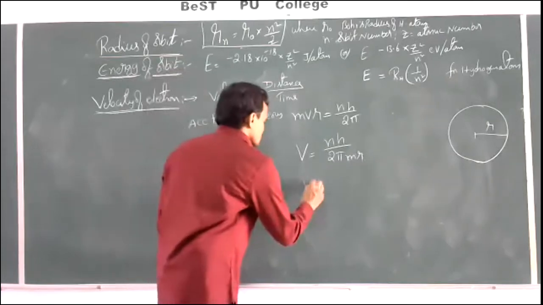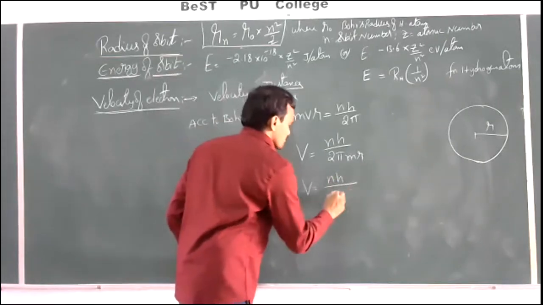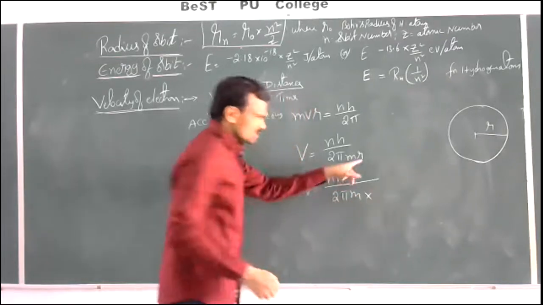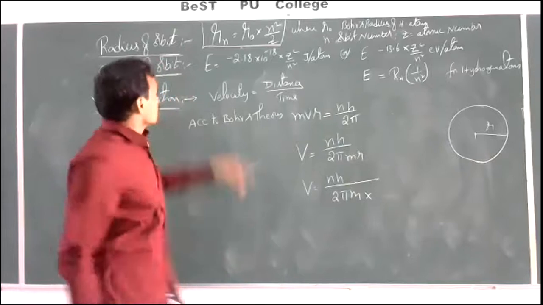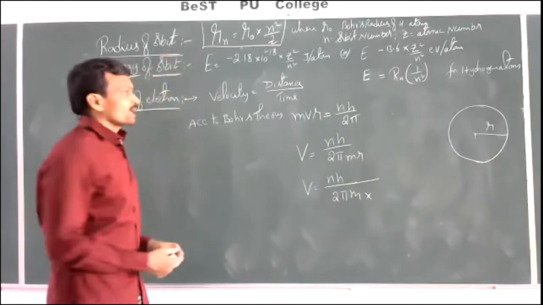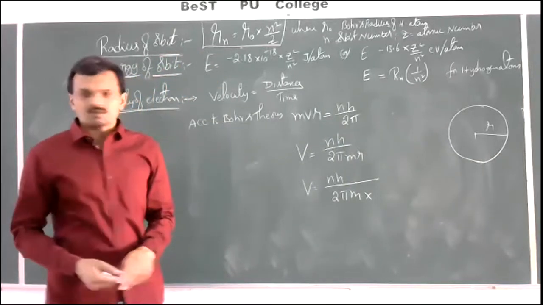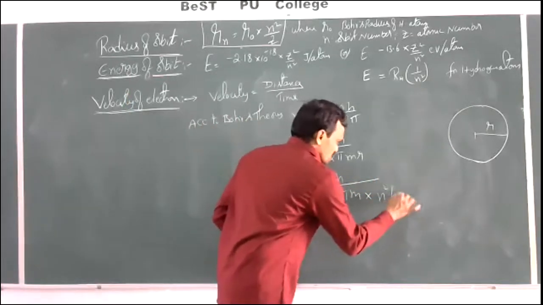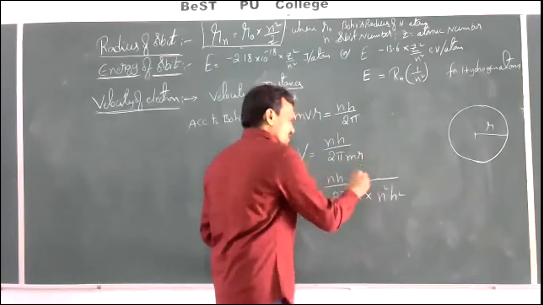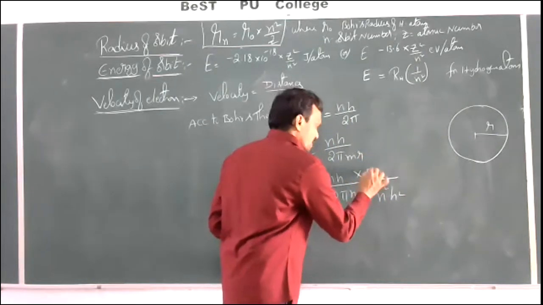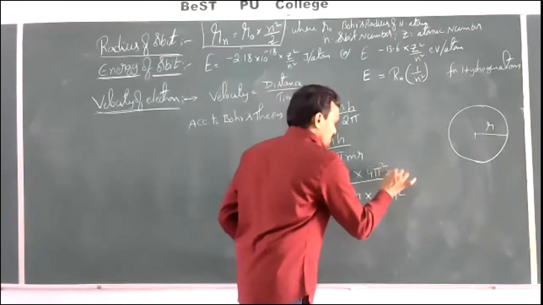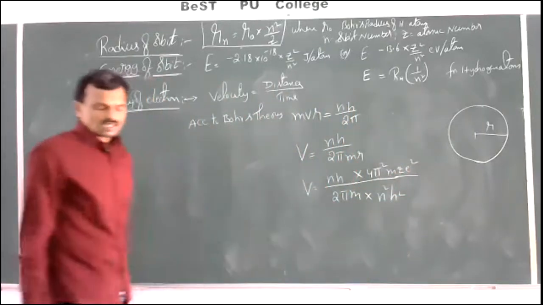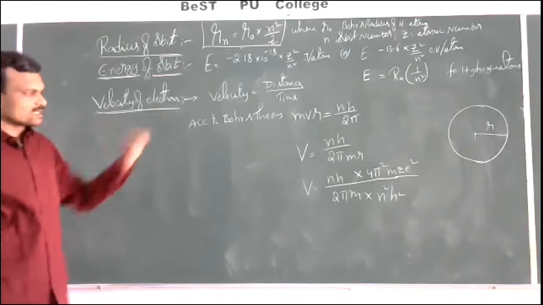Now, v is equal to nh by 2 pi m into, what is the expression of r? r is equal to n square h square by 4 pi square m Z e square. Substitute that expression: r is equal to n square h square by 4 pi square m Z e square. I am substituting the expression of r in this equation.